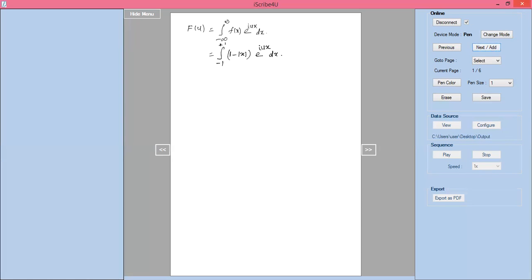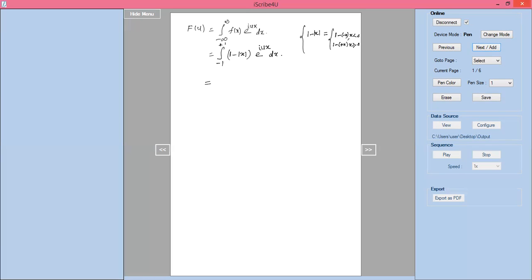This 1 minus modulus of x, I'll split here: 1 minus of minus x when x is less than 0, and 1 minus of plus x when x is greater than or equal to 0.